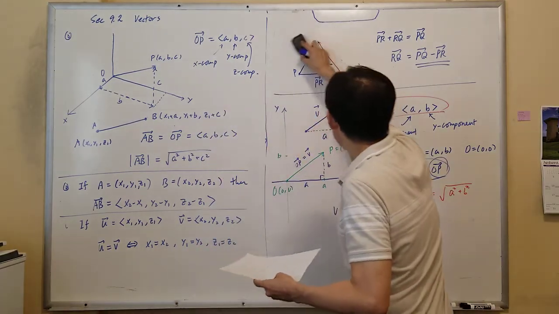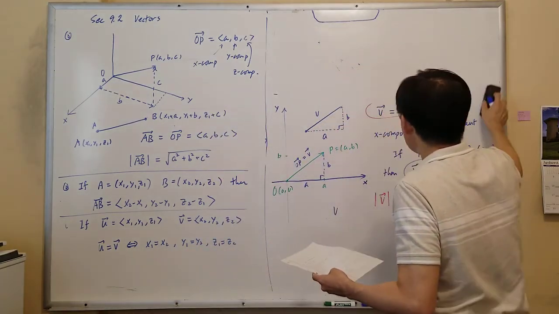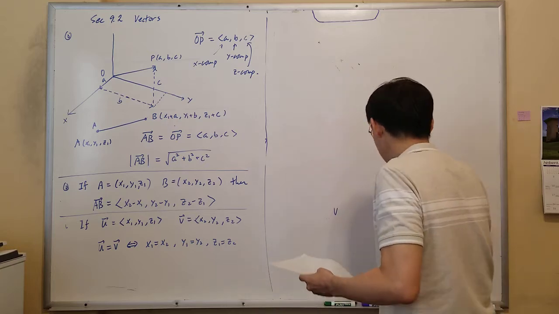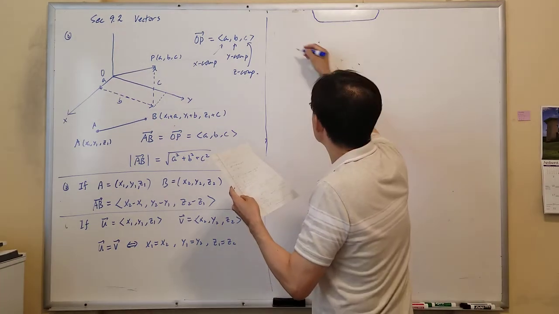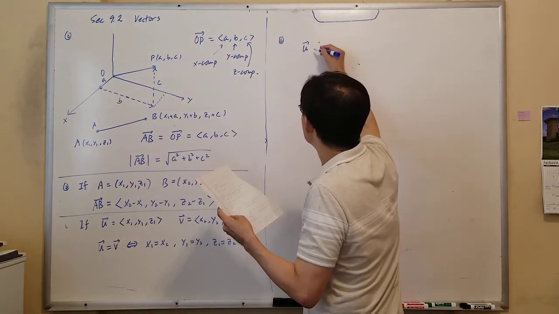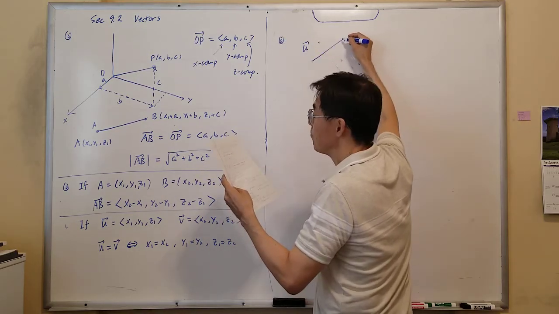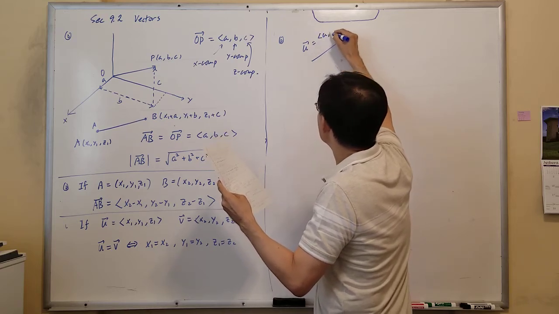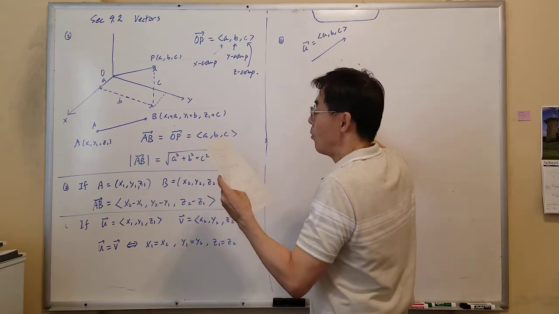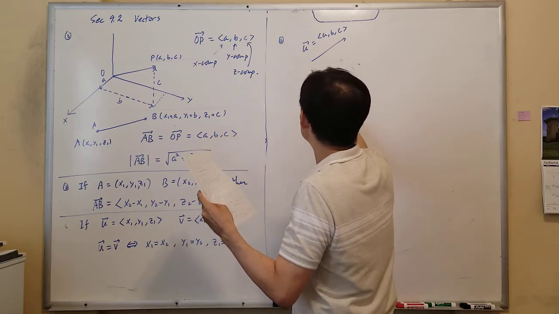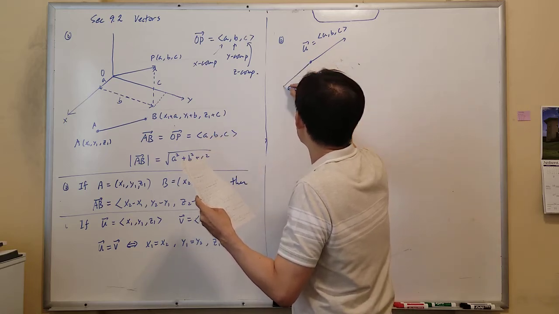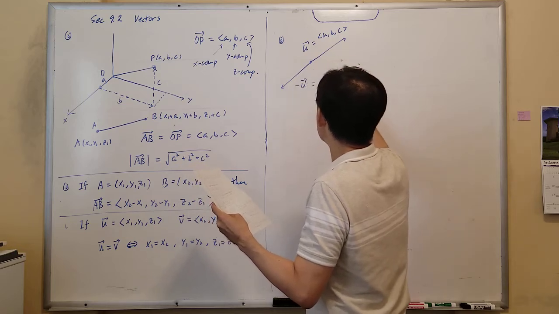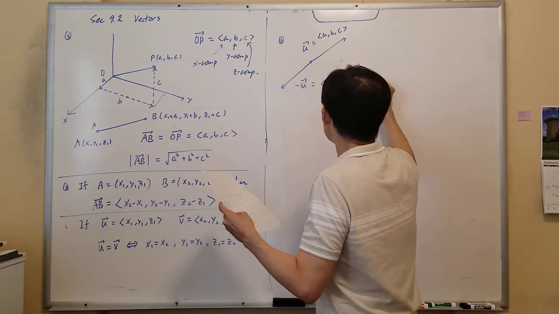Now, we want to learn how to get those vector operations' results in component form. For example, let's say vector u is A, B, C. What is the opposite direction? The opposite, minus u, should be negative A, negative B, negative C. Alright?